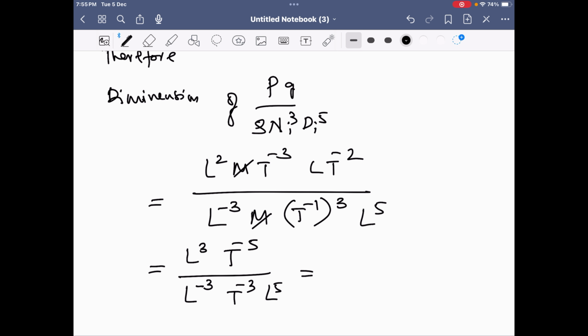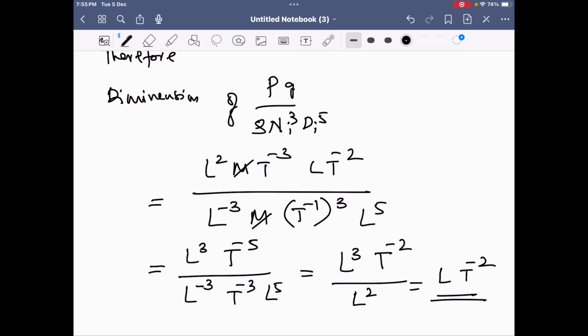Further simplification: L power 3, and the t power minus 3 goes to the numerator, it becomes t power minus 2, divided by L power minus 3 plus 5, which is L square. Taking this to the numerator, it becomes L t power minus 2. This is the dimension we have got for this particular NP number.